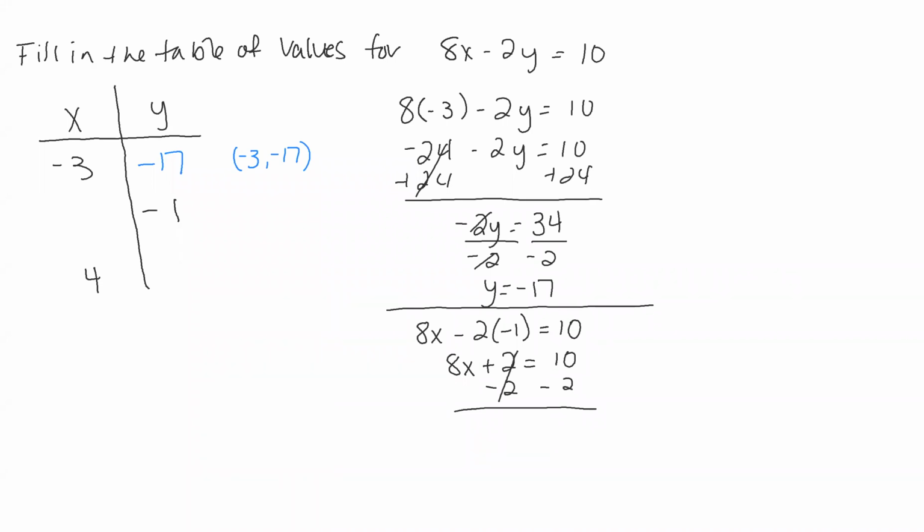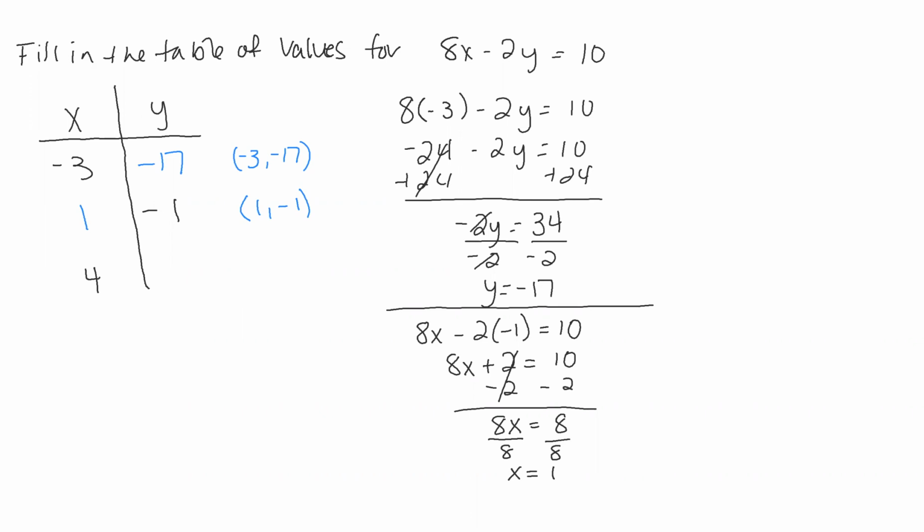On the left, the 2's cancel. 2 minus 2 is just 0. So I'm left with 8x equals 8. And now I want to undo the multiplication of 8 and x, so I divide each side by 8. And that leaves me with x equals 1. So for this particular equation, in the event that y is negative 1, x has to be positive 1. That gives us another ordered pair solution, 1, negative 1. That is another point on the graph of the line 8x minus 2y is 10.